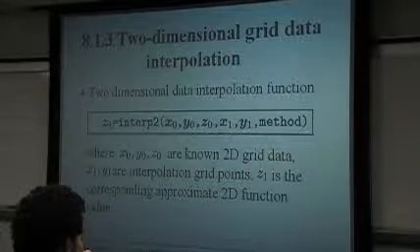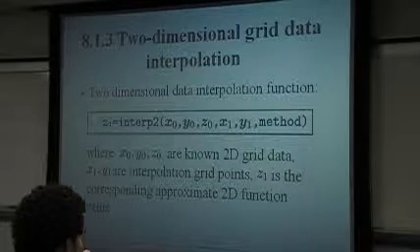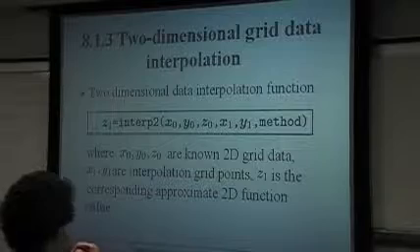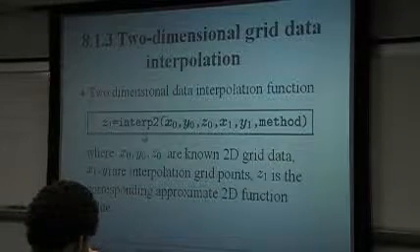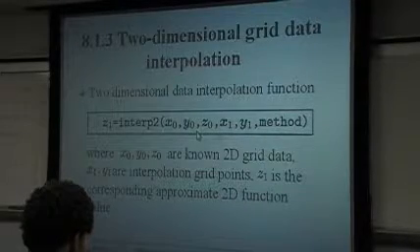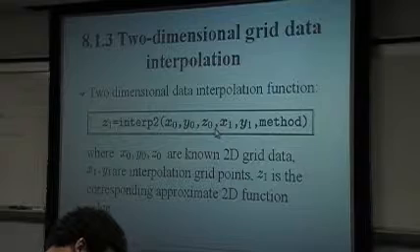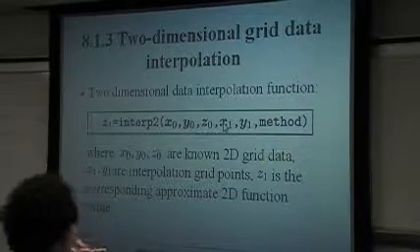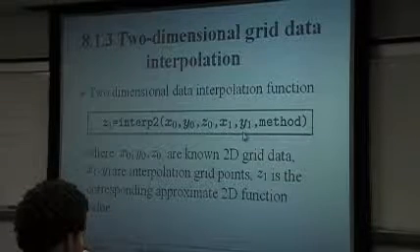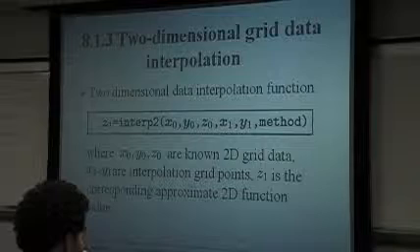One is two-dimensional interpolation with grid data. And here is the command we should use, where x0, y0, and z0 are the sample points which are given as grid data, and x1 and y1 are the data for the points which you want to interpolate.